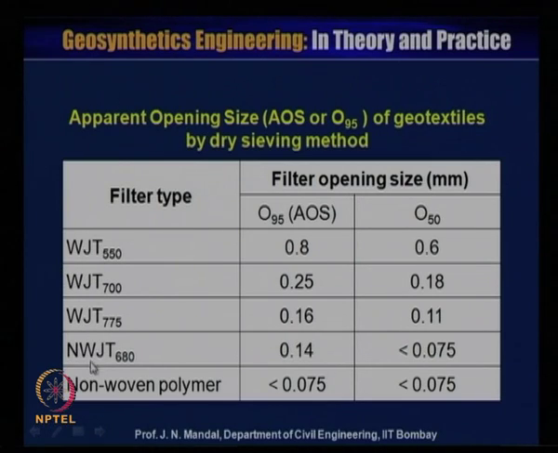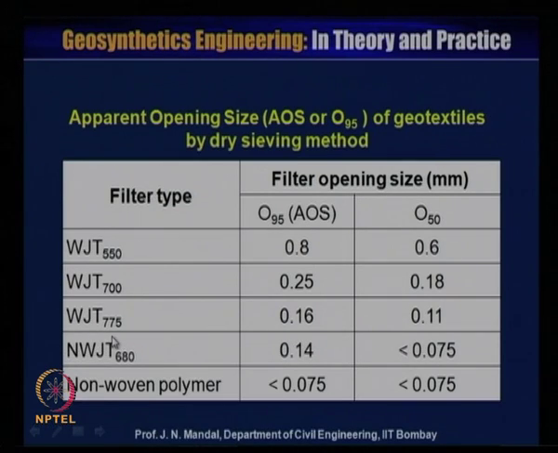This is all jute material, WJT 550, and AOS or filter opening size, which is designated as O95 or equivalent opening size. This is 0.8 millimeter and O50 is 0.6 millimeter. Similarly, for WJT 700, O95 is 0.25 millimeter and O50 is 0.18 millimeter.